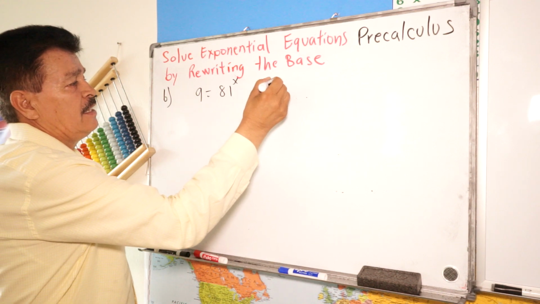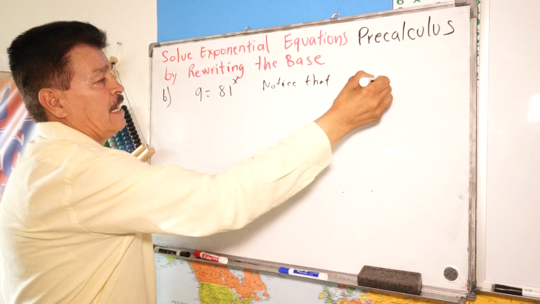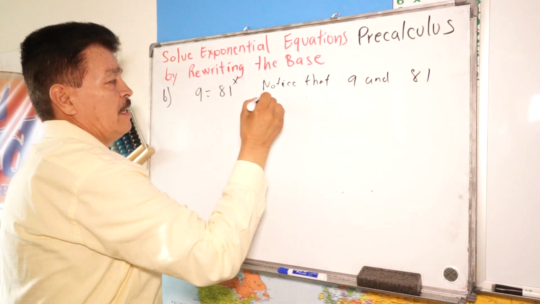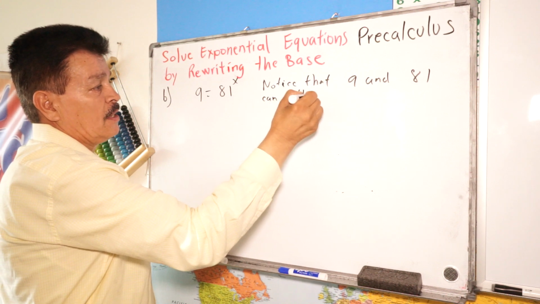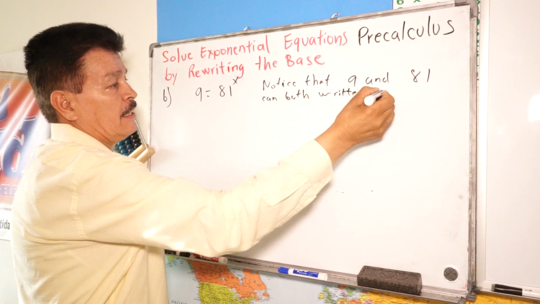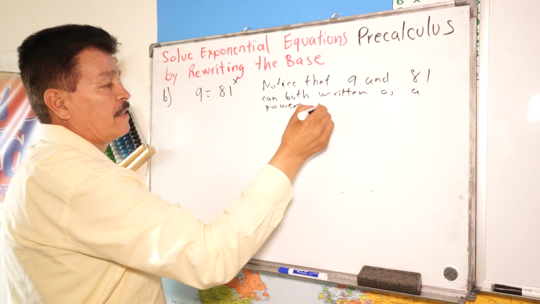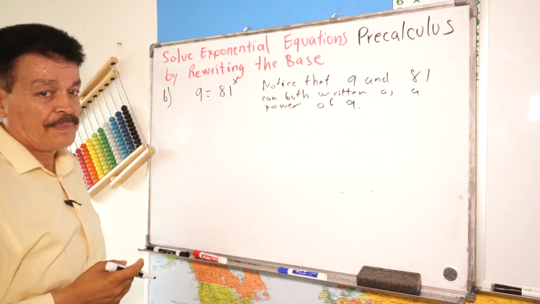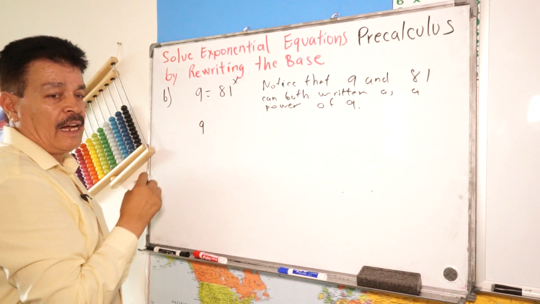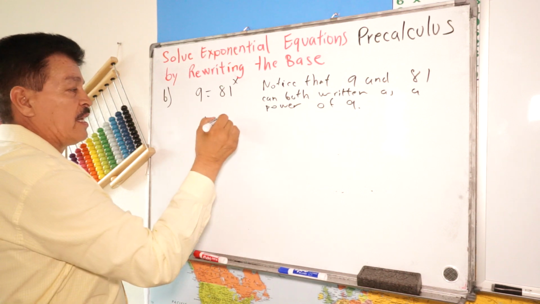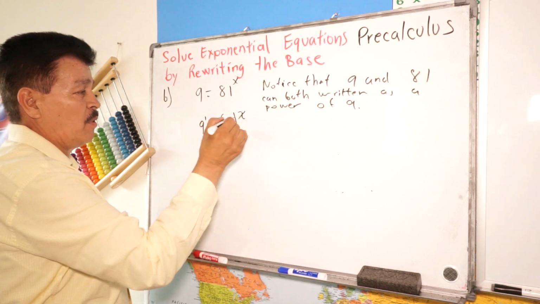So here we are going to have 9 to the 1 power equals 9 to the second power to the x power, right?